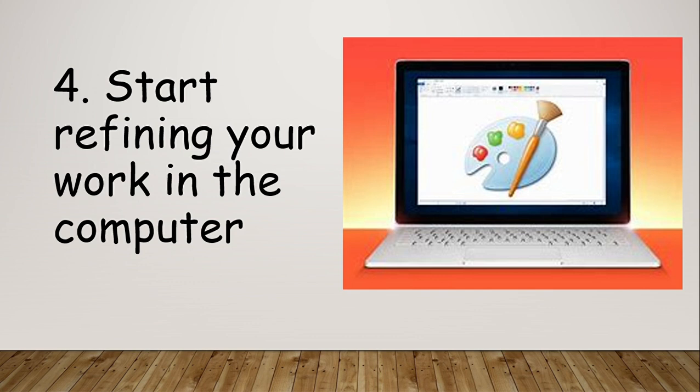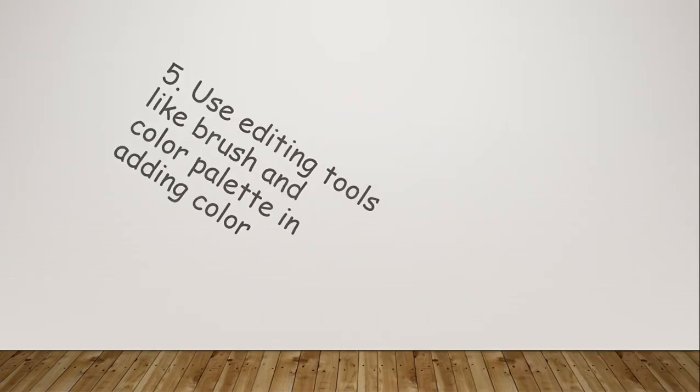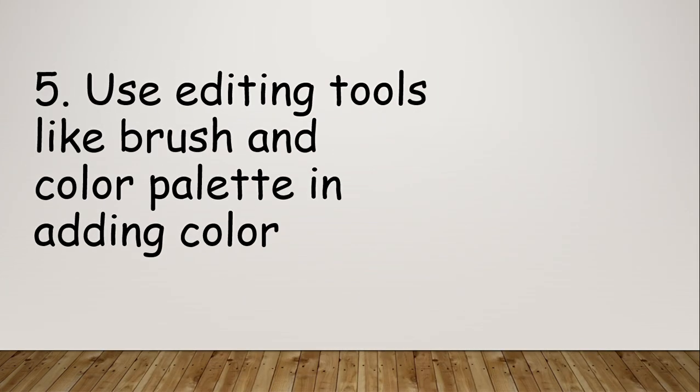In step five, we're going to use editing tools like the brush and color palette in adding color. For example, the software that I use is Paint. In Paint, there are different editing tools. We have the brush with different strokes, and we also have the color palette.